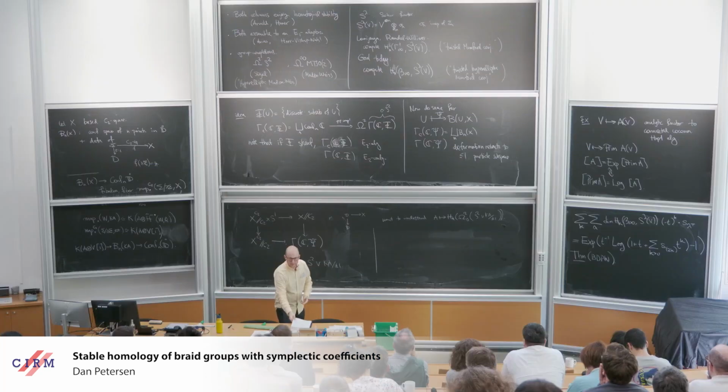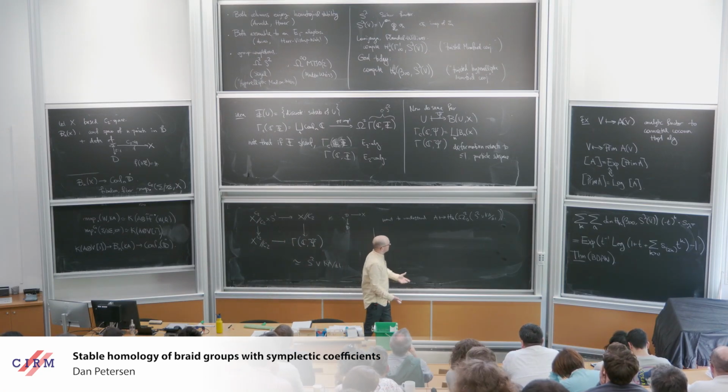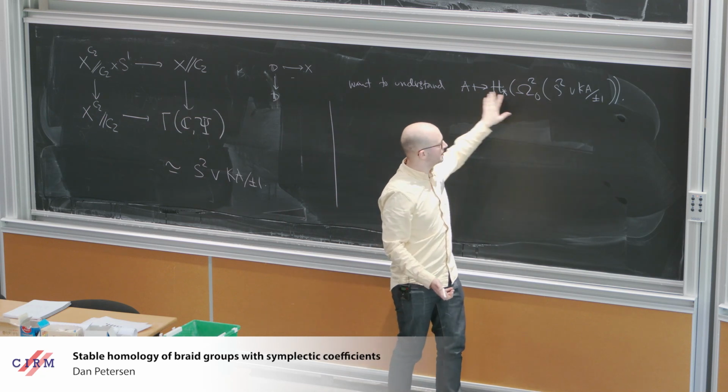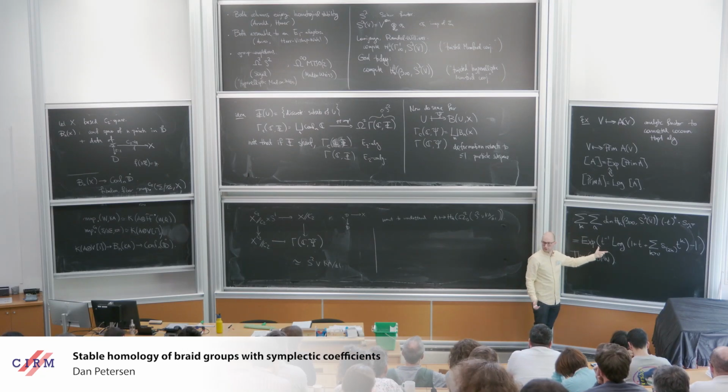So I want to understand this analytic functor because everything that I said so far tells me that the Taylor coefficients of that analytic functor are the same as the Taylor coefficients that I obtained here.